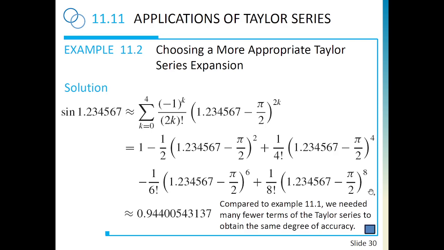So there is a reduction in computational cost just because we expanded the series at pi over 2, which is much closer to the point of interest. That's something important to realize. We already suspected that, but we need to remind ourselves that whenever we need to find an approximation somewhere, it's wiser to have an expansion by Taylor series somewhere close, in the neighborhood of the point of interest.